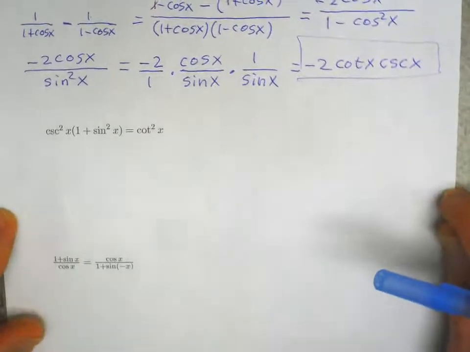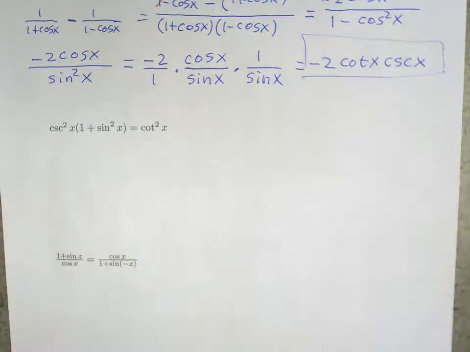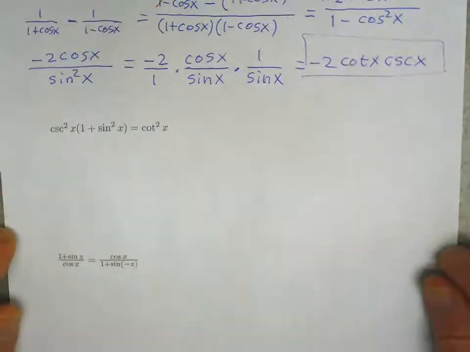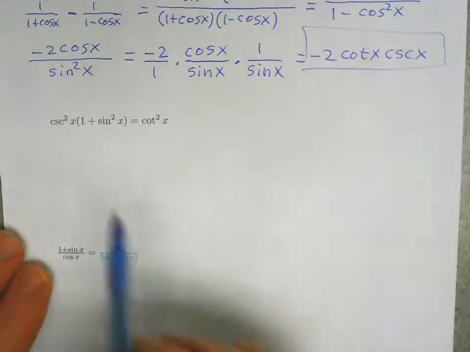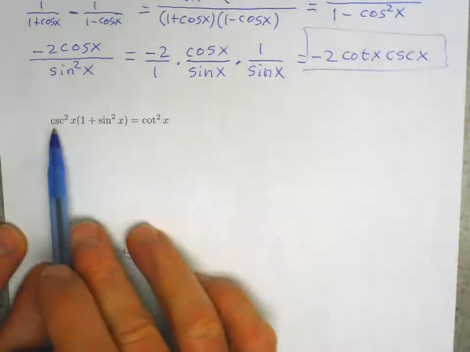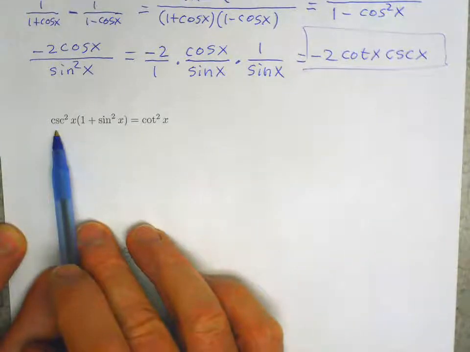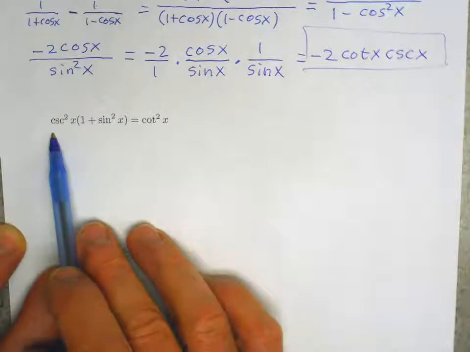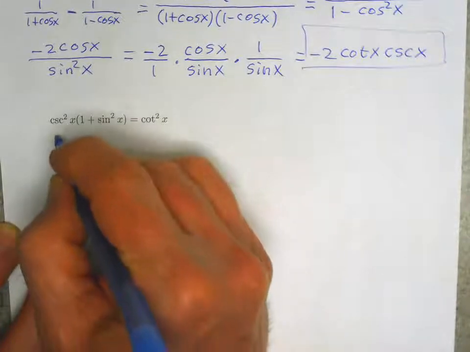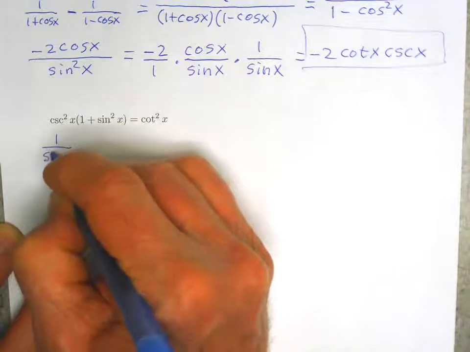Okay, the next one, prove or disprove. Cosecant of x squared times 1 plus sine of x squared equals cotangent of x squared. So I'm going to start by writing that cosecant of x squared is 1 over sine of x squared.